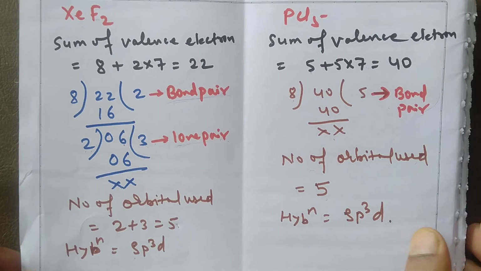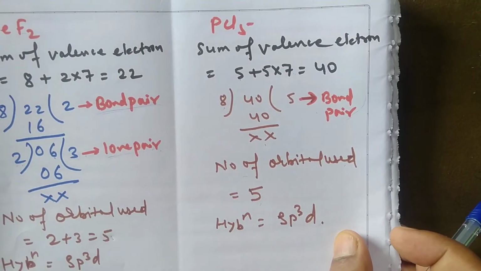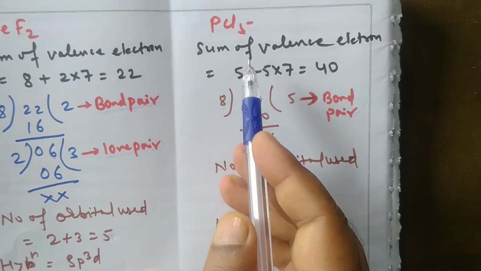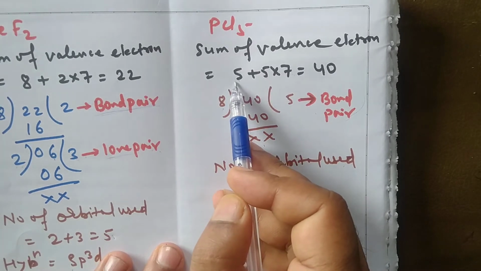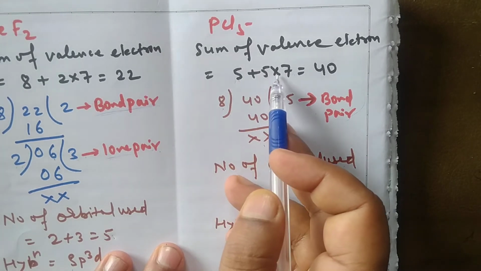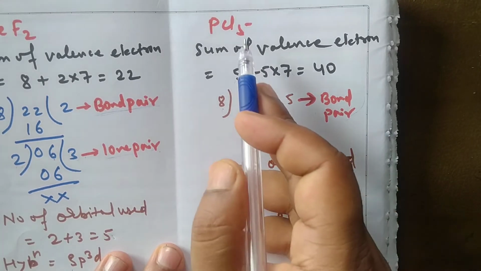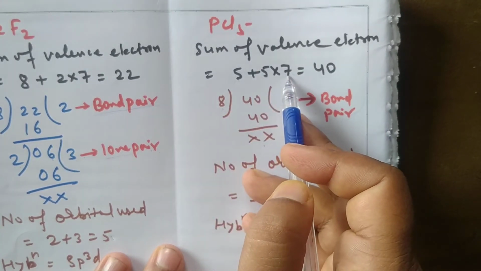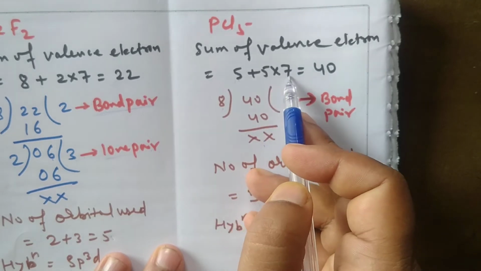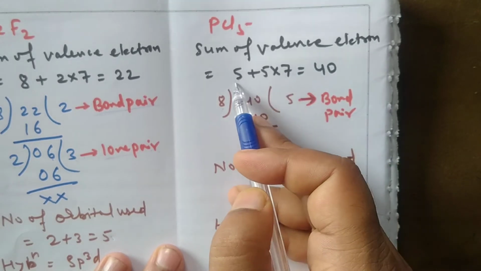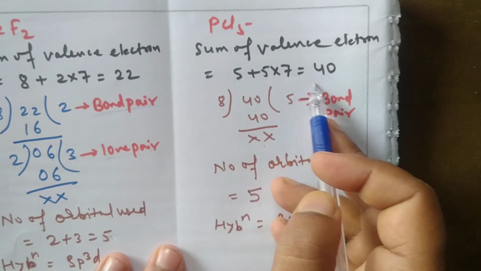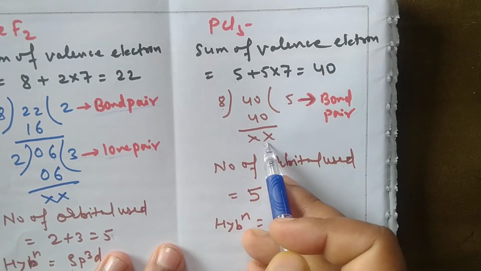Now take the example of PCl5. Here you will see that phosphorus has 5 valence electrons and there are 5 chlorine atoms. So 5 into 7, since each chlorine atom has 7 valence electrons. So 5 into 7 is 35, plus 5 is 40. So you have to divide it by 8. 8 fives are 40.